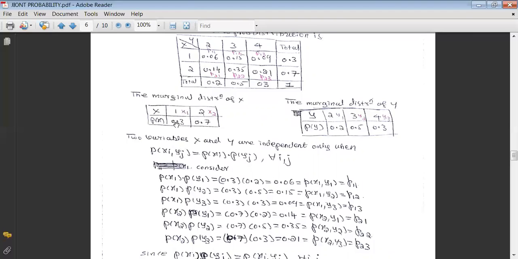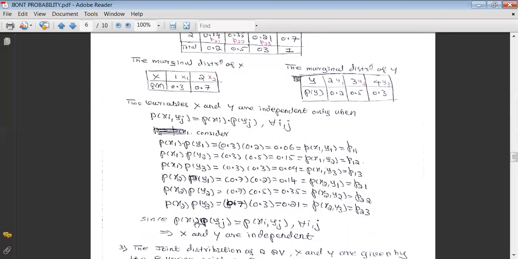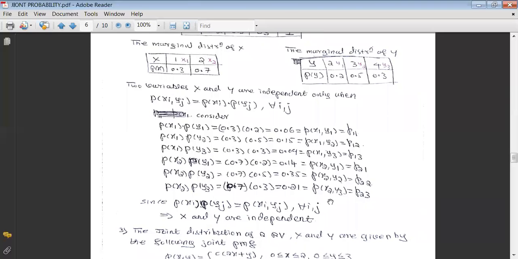That is 0.3 into 0.5, that is 0.15. That is nothing but p12. Similarly, p of x1 into p of y3 is 0.3 into 0.3, that is 0.09. That will be p13. Like that, we can find that p of xi yj equals p of xi into p of yj for all i, j. Therefore, we can conclude that the variables x and y in this case are independent variables.